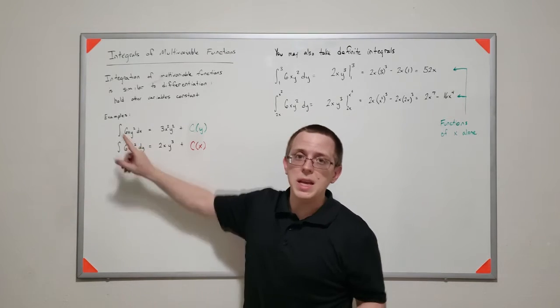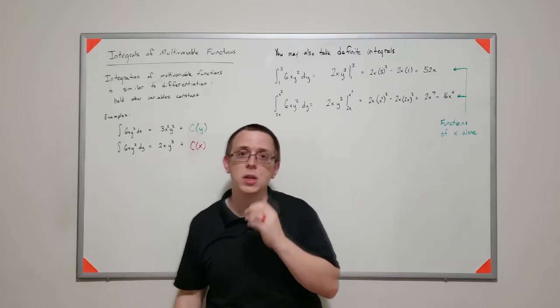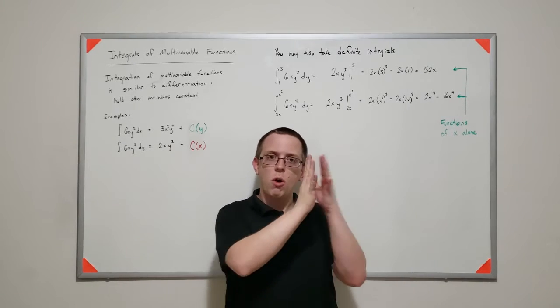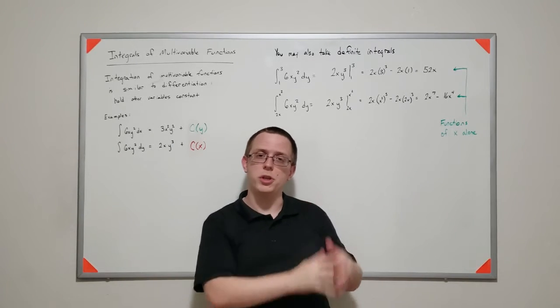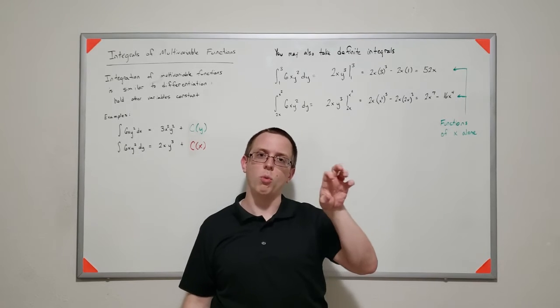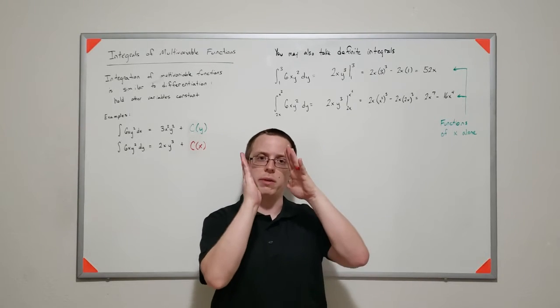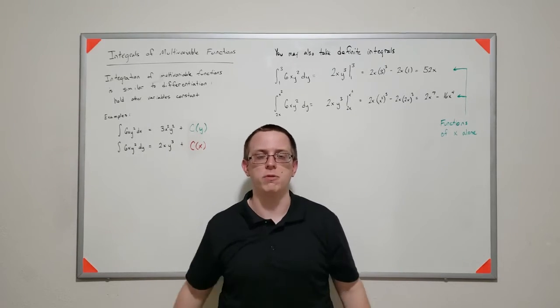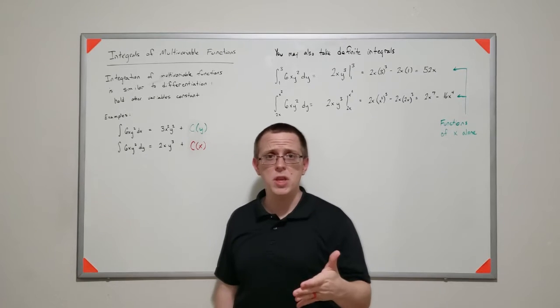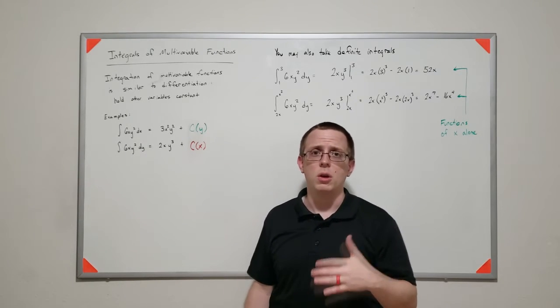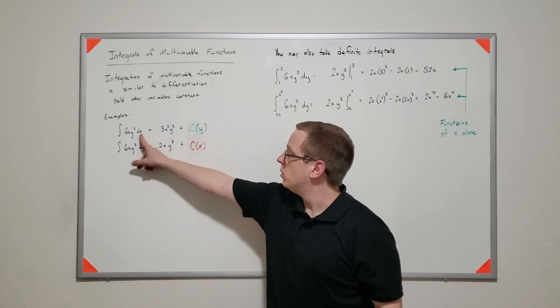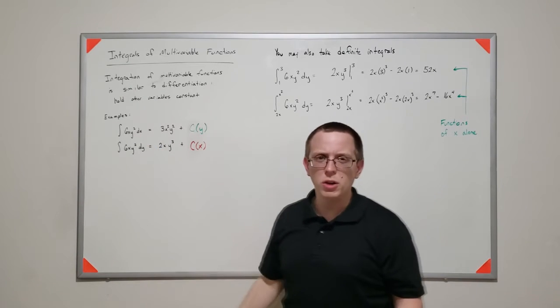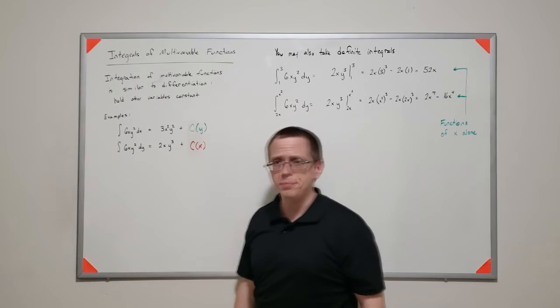If we want to integrate with respect to x, then if you recall from the way we do partial differentiation, we would hold the y value constant and take derivatives only with respect to the x variable. So we do the same thing when we take integrals with respect to a specific variable. Now we don't call them partial integration, or at least I've never heard that.